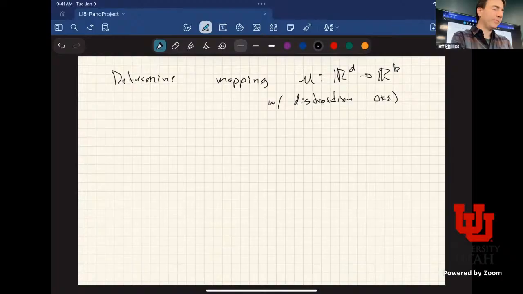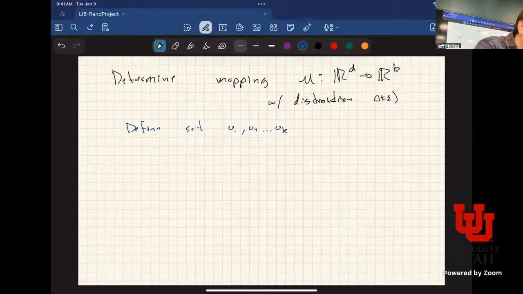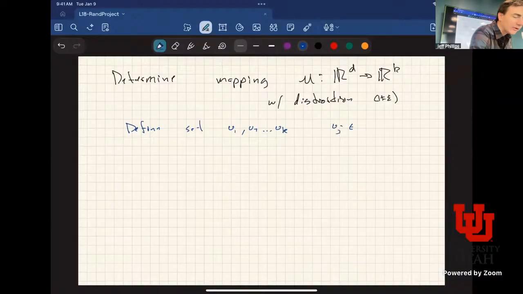And so what we're going to do is define a set u_1, u_2, ..., u_K of these vectors. u_j is going to be in R^D, and the norm of u_j is going to be 1. Okay, but actually I don't want this to be 1.